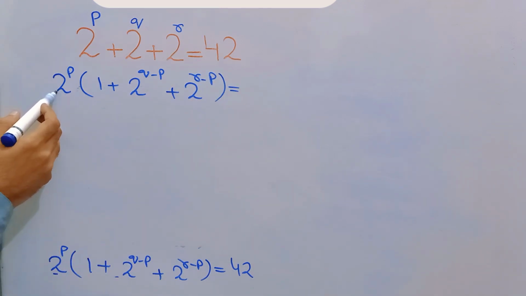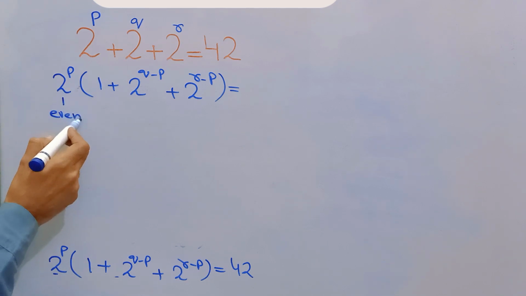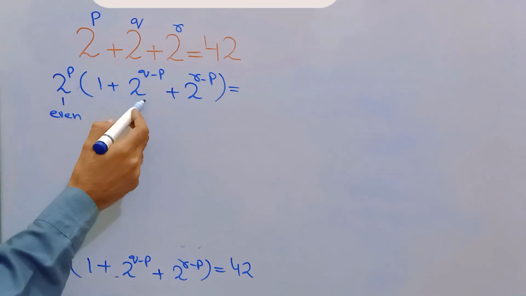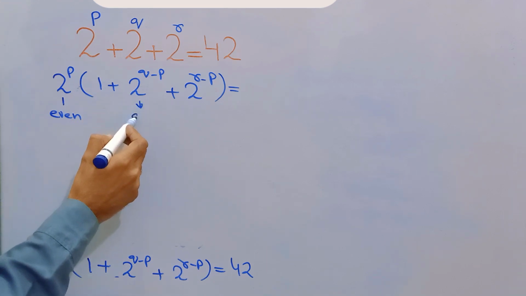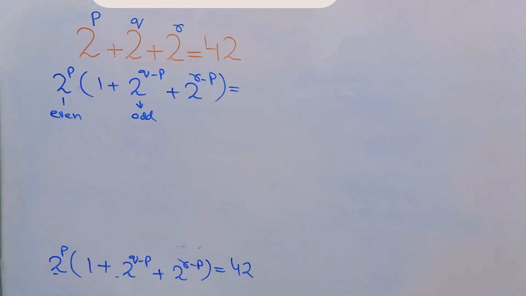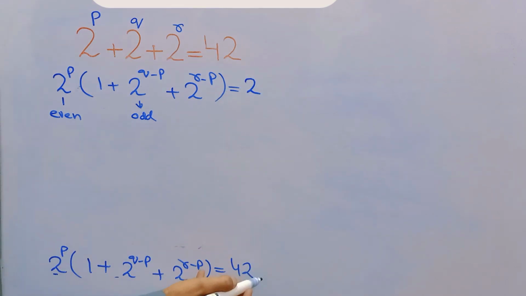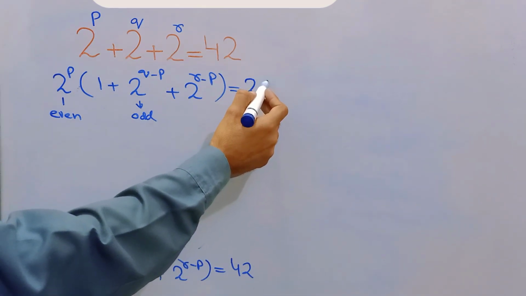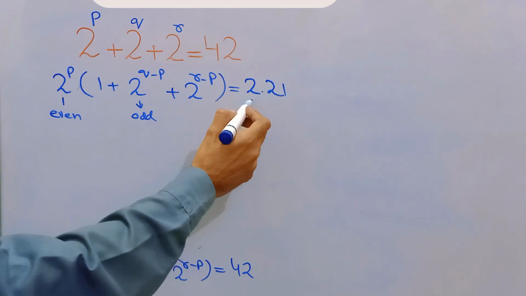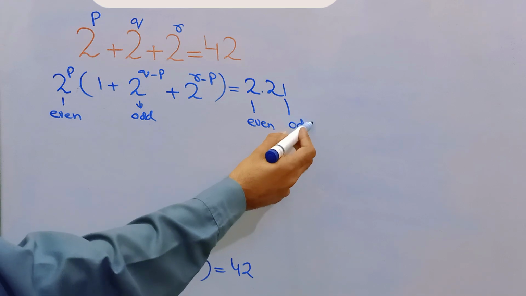Now here, since this one is even and this is odd, 42 in terms of two factors, so one factor is even and second factor is odd. 42 can be written as 2 multiply 21, then one is even and second is odd.